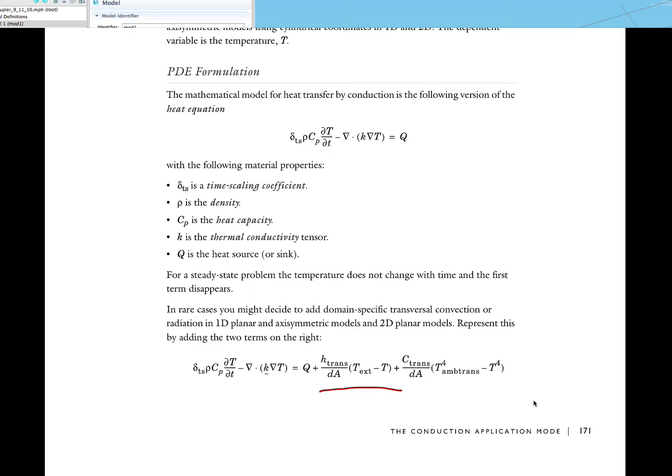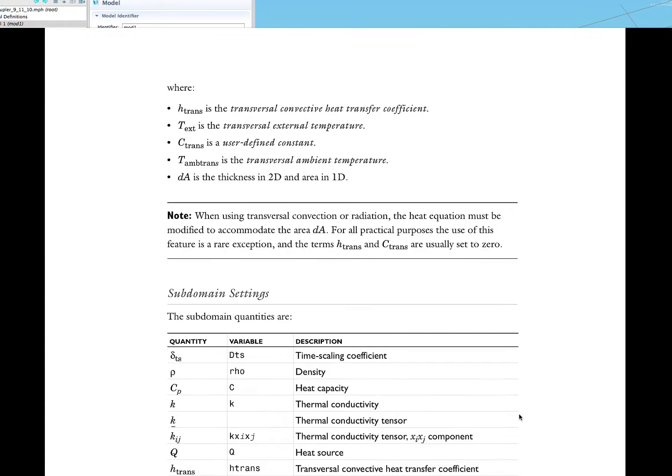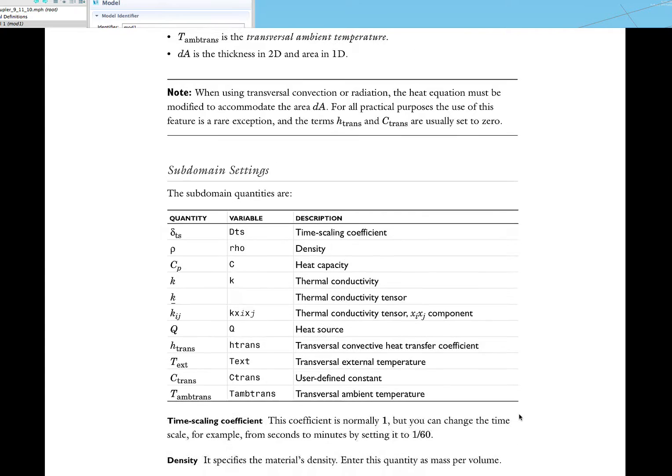If we have heat transfer through radiation, it's a difference between the ambient temperature to the power 4 minus the surface temperature to the power 4, and we have to include this as an additional flux. So it's much richer in structure, and we could add both convection and radiation on the boundary.